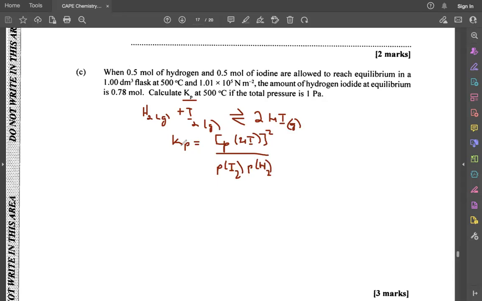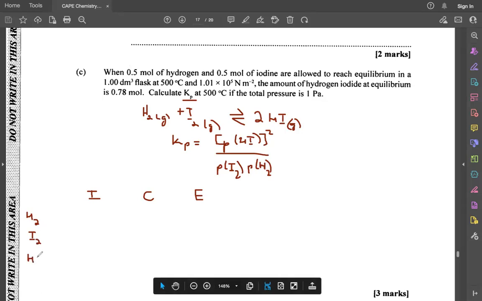So what we're going to do now is construct a little ICE table to help us with this problem. This is my initial, my change, and then my equilibrium values. My reactants and products go here: my reactants are H2 and I2, and my product is HI.